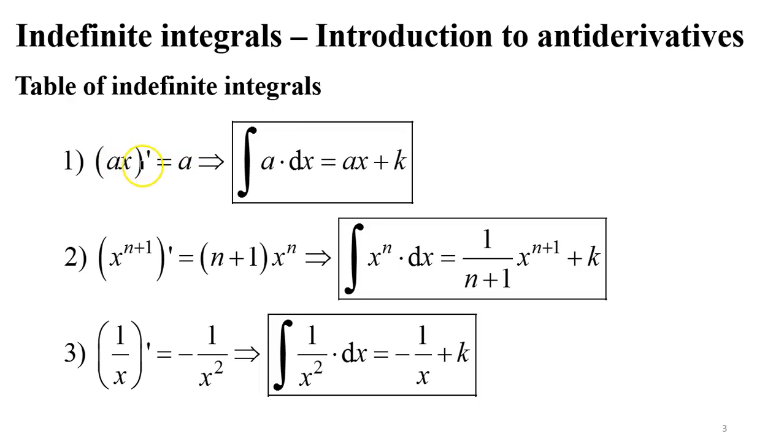Since the antiderivative, or the process of integrating, is in fact the opposite of the process of differentiating or finding the derivative, if a is the derivative of ax, then ax is an antiderivative of a.